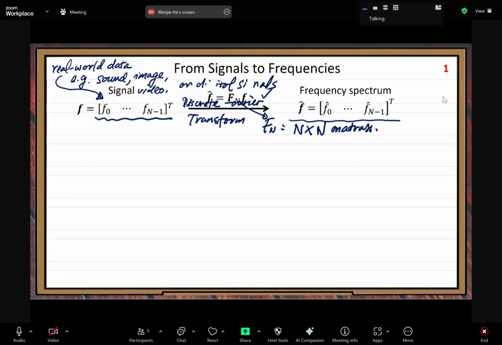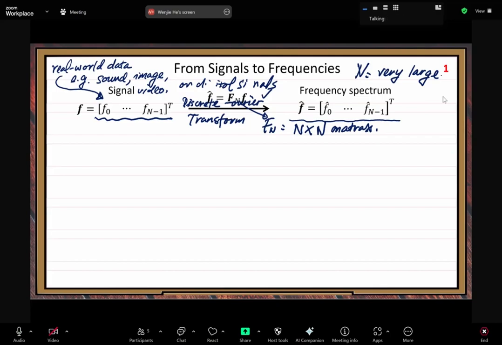But keep in mind that in our real world applications, usually this n is a very large number. So for a matrix multiplication of size n by n, the computation cost is pretty high.